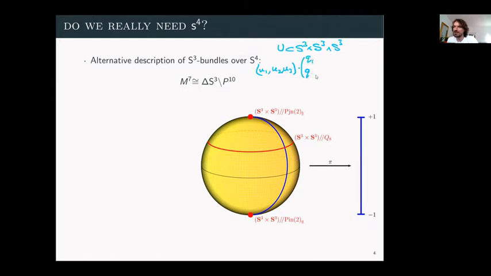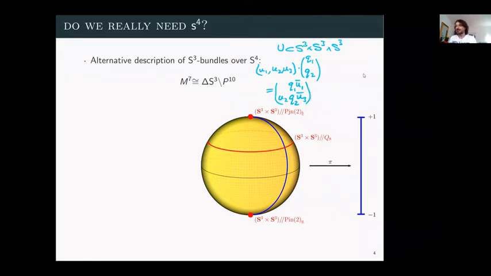So we're taking into account the fact that we're pushing out the diagonal S3 here as well. And what does it do? Well, it acts on the right of the Q1 by the first coordinate, and on the second coordinate, it acts on both sides.